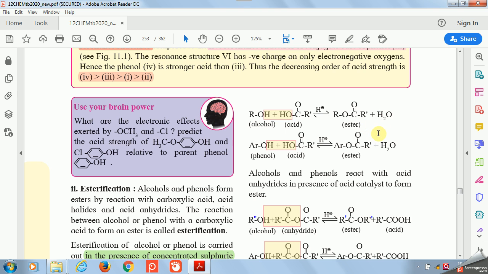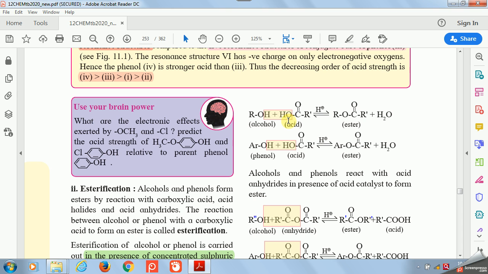This was studied by kinetics. If we label this oxygen with its radioactive isotope, then we observe that this oxygen is present in your ester. So remove the hydrogen from alcohol and OH from acid.